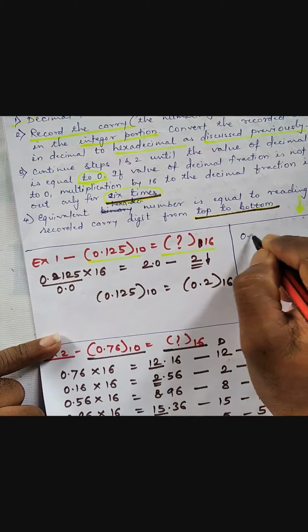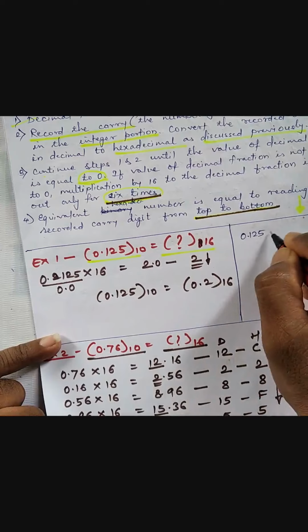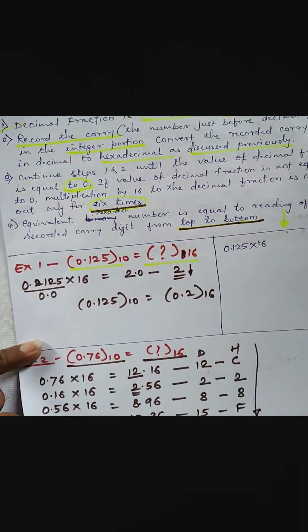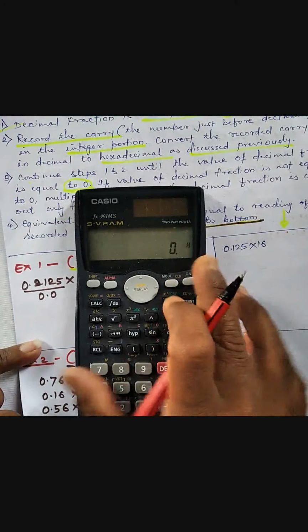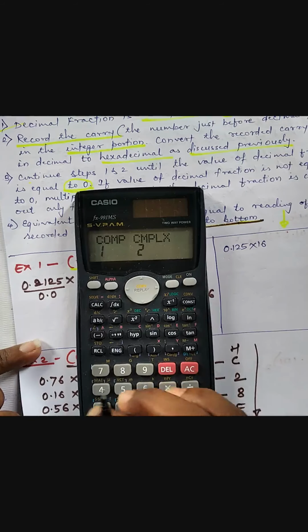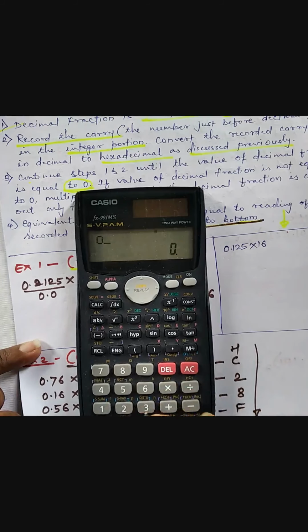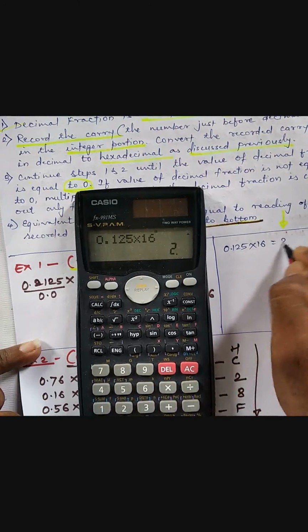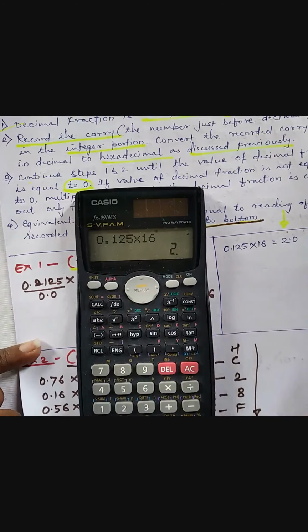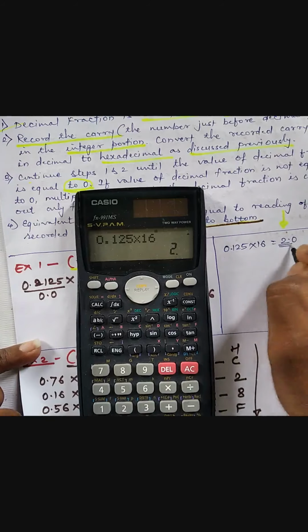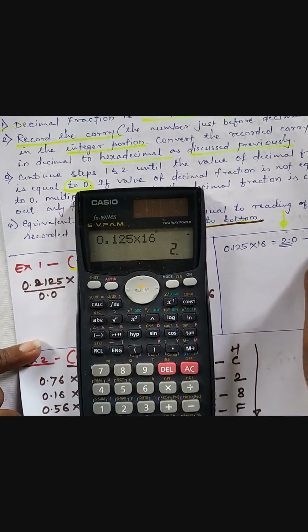So it is 0.125 into 16. Okay, so now I need to go for this 0.125 into 16. I get 2. So this is 2.0, right? So taking this carry in the integer part here.